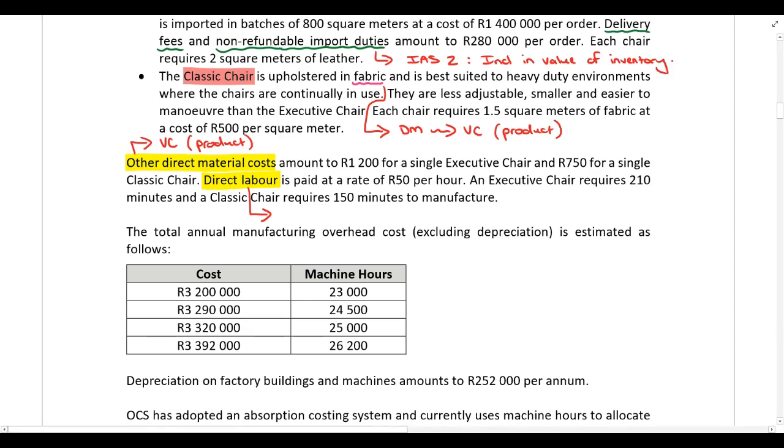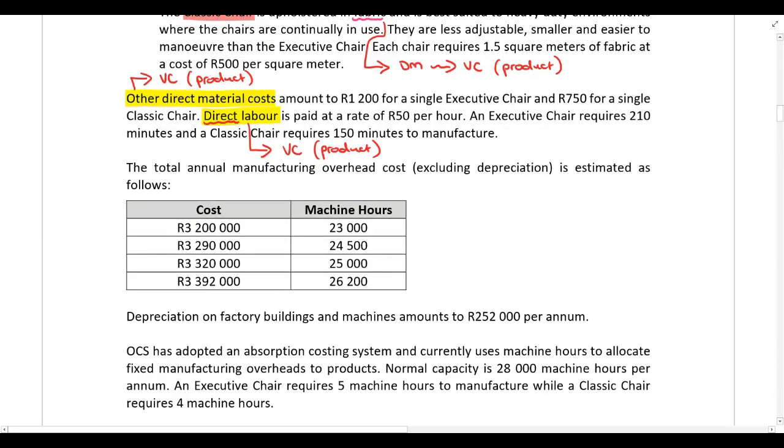So in reality, labour is most likely going to be a fixed cost. However, you will remember, if we are dealing with direct labour, it's safe to assume that the cost is variable. All right, so this is a variable cost, and once again, it is also a product cost, which we are allowed to include in the value of inventory.